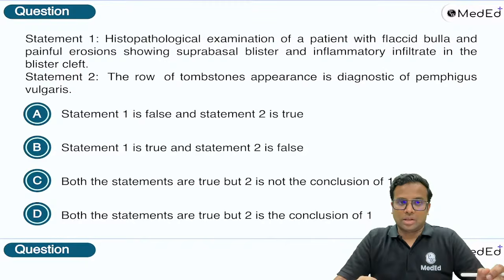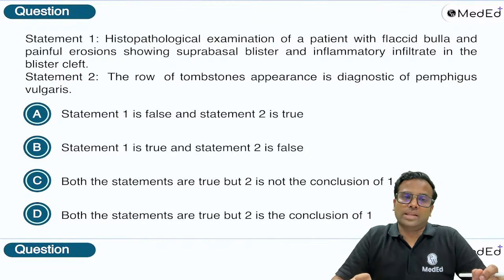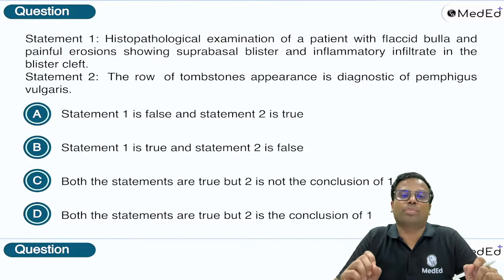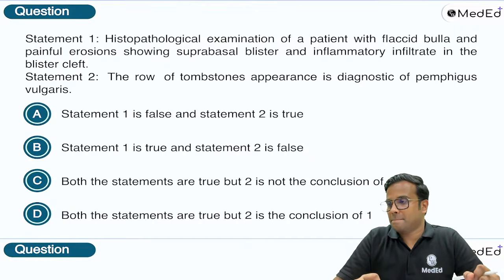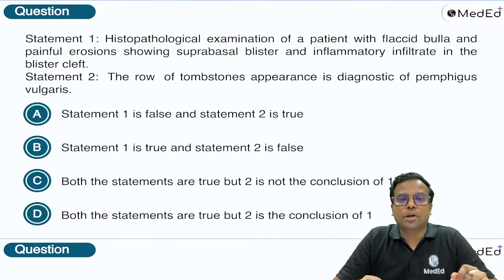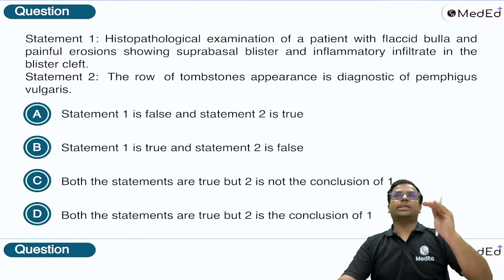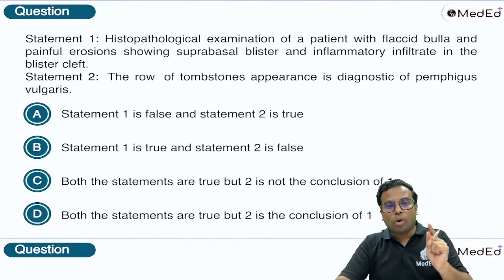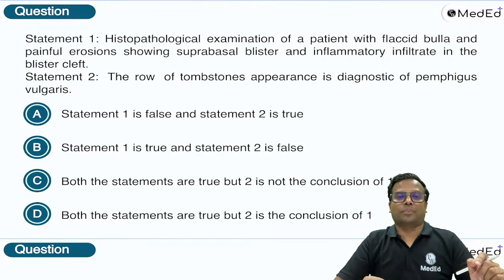Statement 2: the row of tombstone appearance is diagnostic of pemphigus vulgaris. The options are: statement 1 is false and statement 2 is true. So when you see these two kinds of statements, first try to establish whether both statements are correct or wrong. What do you think?